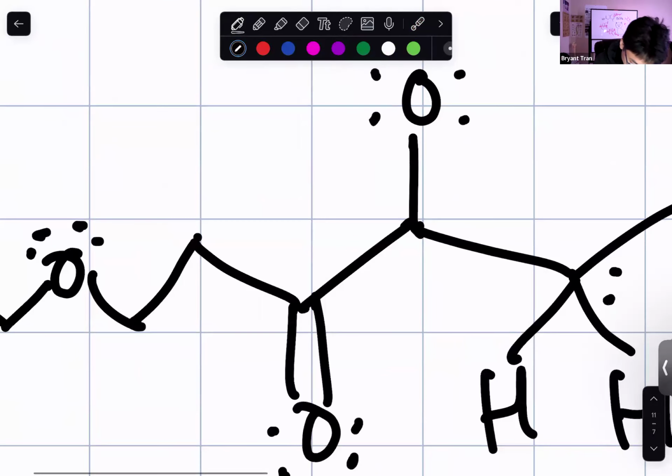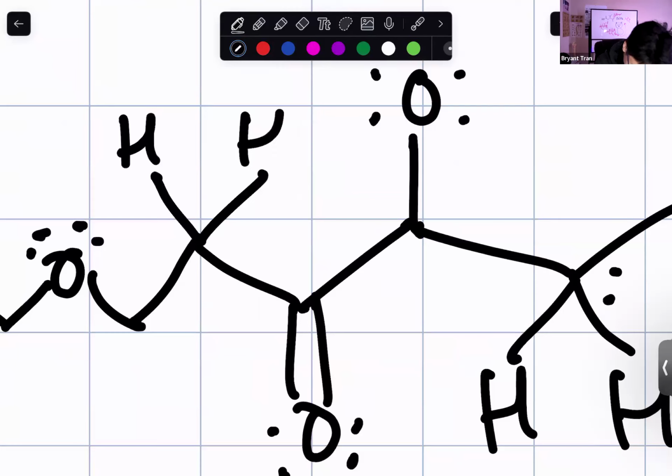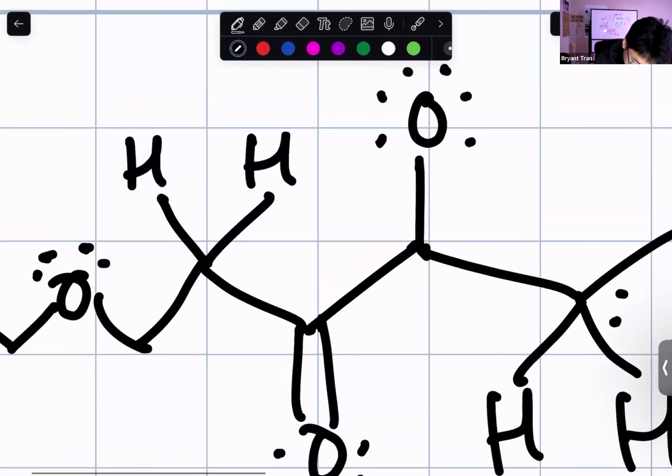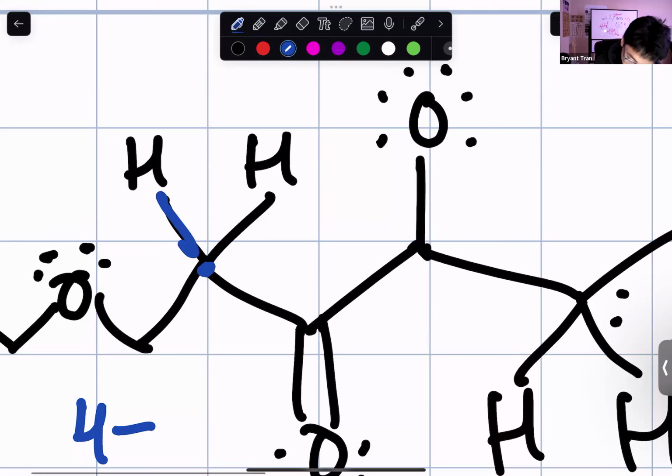So let's look at this carbon here specifically. If we look at the periodic table, carbon is on the 4th group, the 4th column of the periodic table. That means that carbon wants to have 4 electrons to itself. So the formal charge of this carbon right here is going to be 4 minus how many electrons it has to itself. Do you know how many electrons are in a single bond like that?